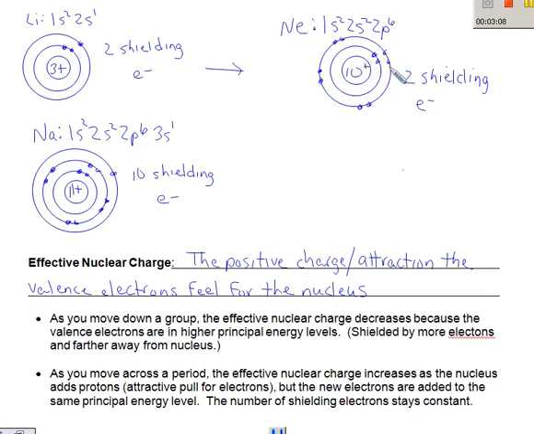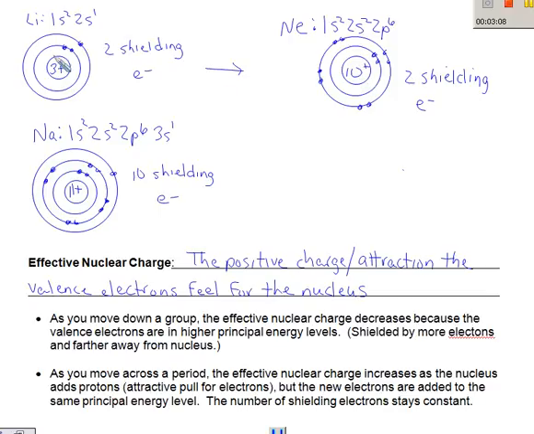So these electrons in this second valence shell are only protected by 2 shielding electrons from a charge of 10 positive. Here, you've got 2 electrons shielding a charge of only a positive 3 charge. So this electron is going to feel much less of the nucleus pull compared to this electron. This will end up making this drawing inaccurate, and we'll talk about that on the next page.